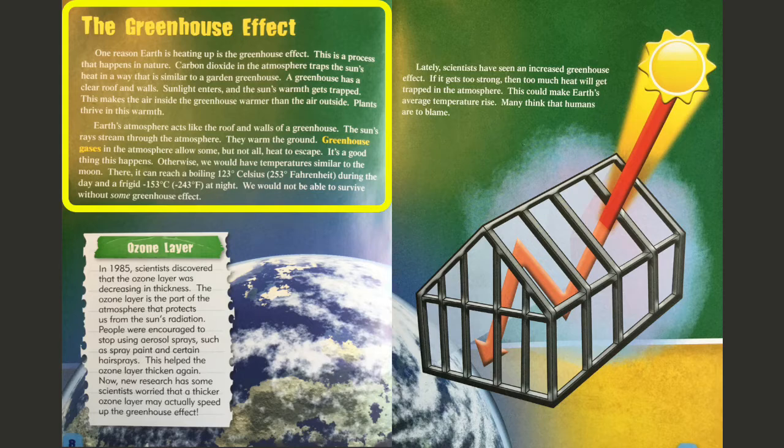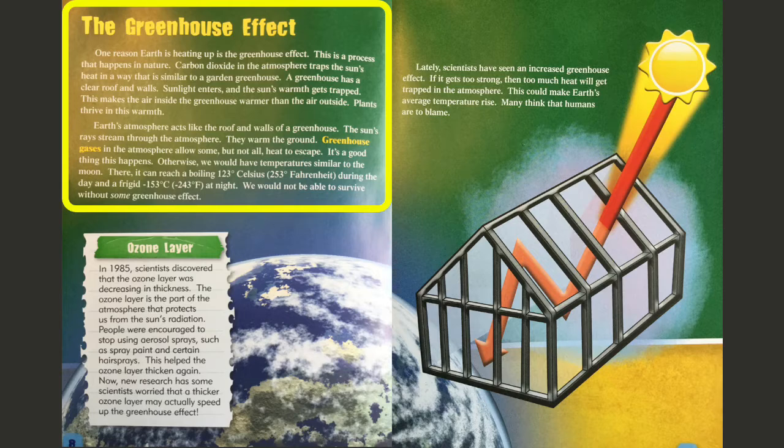Earth's atmosphere acts like the roof and the walls of a greenhouse. The sun's rays stream through the atmosphere. They warm the ground. Greenhouse gases in the atmosphere allow some, but not all, heat to escape. It's a good thing this happens. Otherwise, we would have temperatures similar to the moon.